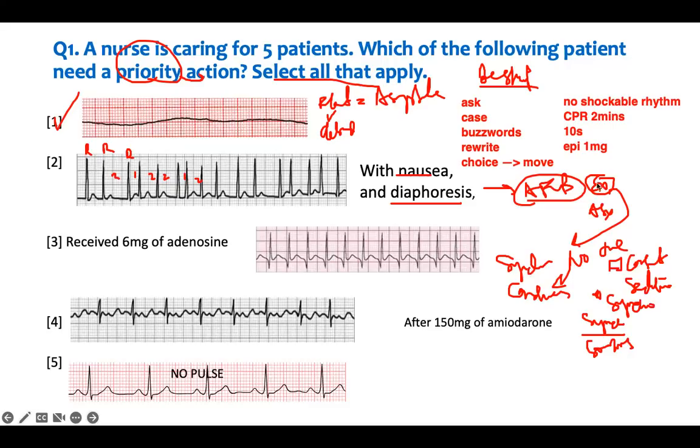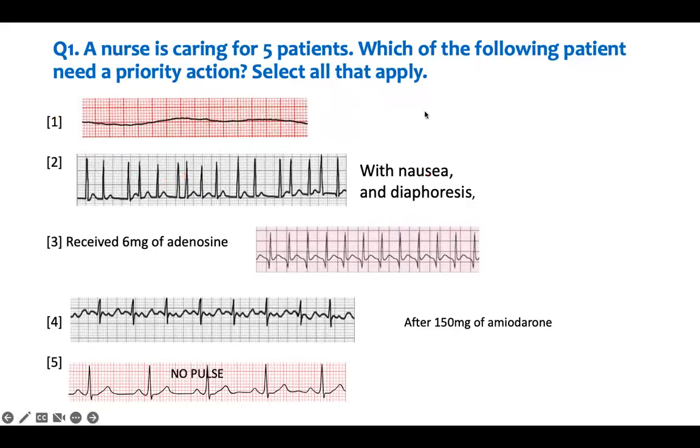If the patient has no symptoms, that means there's no nausea, no diaphoresis, what I will do is rate control. And what is rate control? You give them a beta blocker, a calcium channel blocker, or amiodarone. So that's the treatment for that.